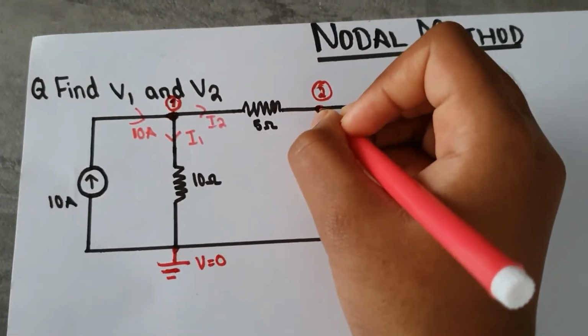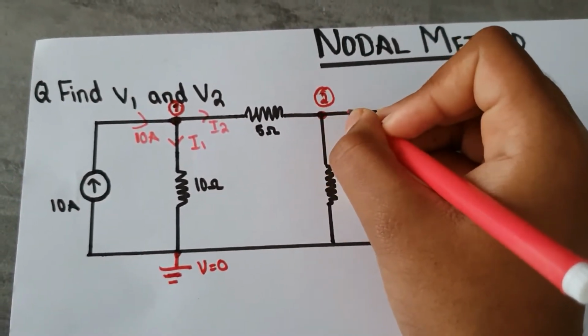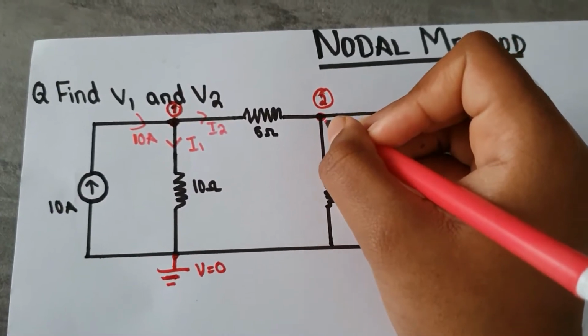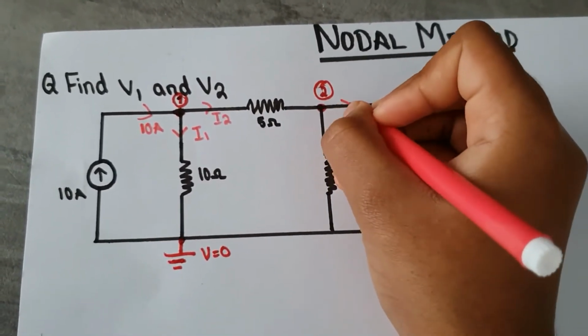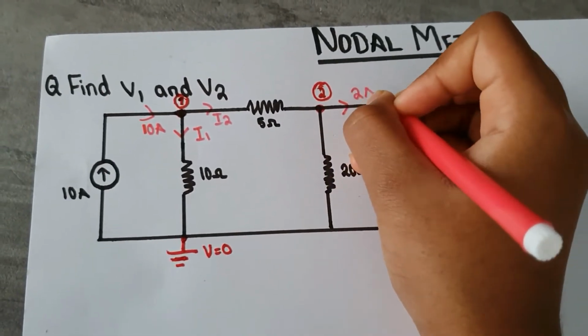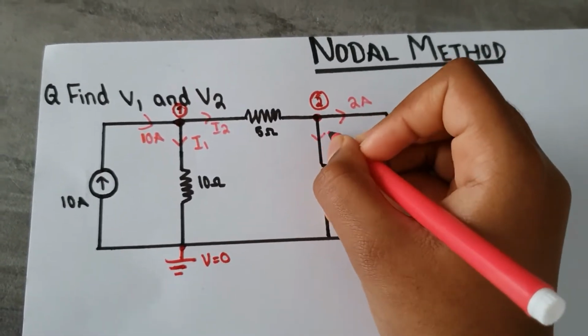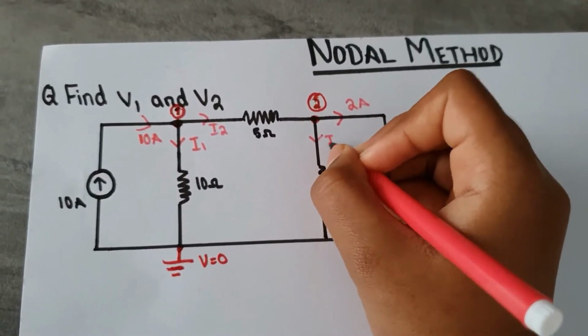Now I2 enters here and it splits as I3 and the 2 ampere. Since there's 2 ampere here, this will be I3.